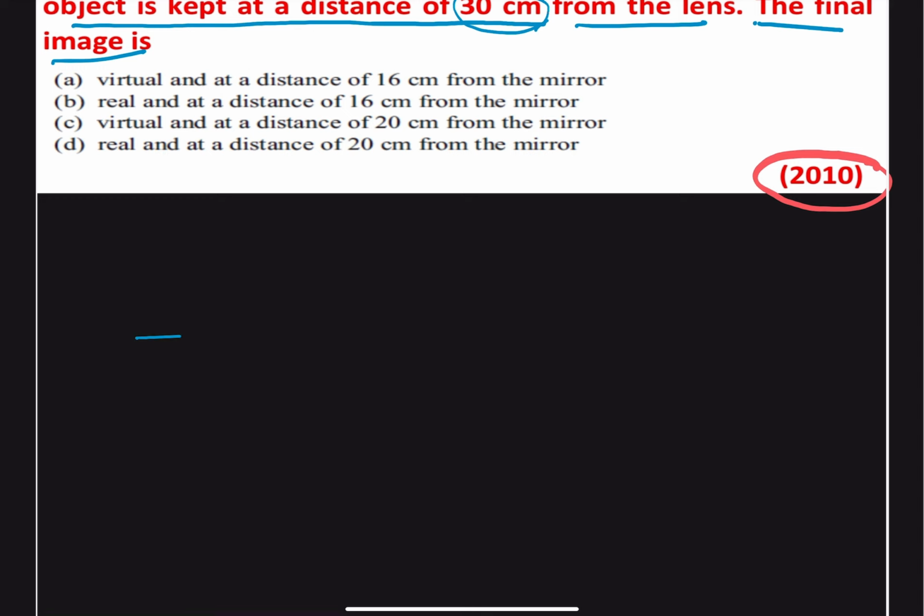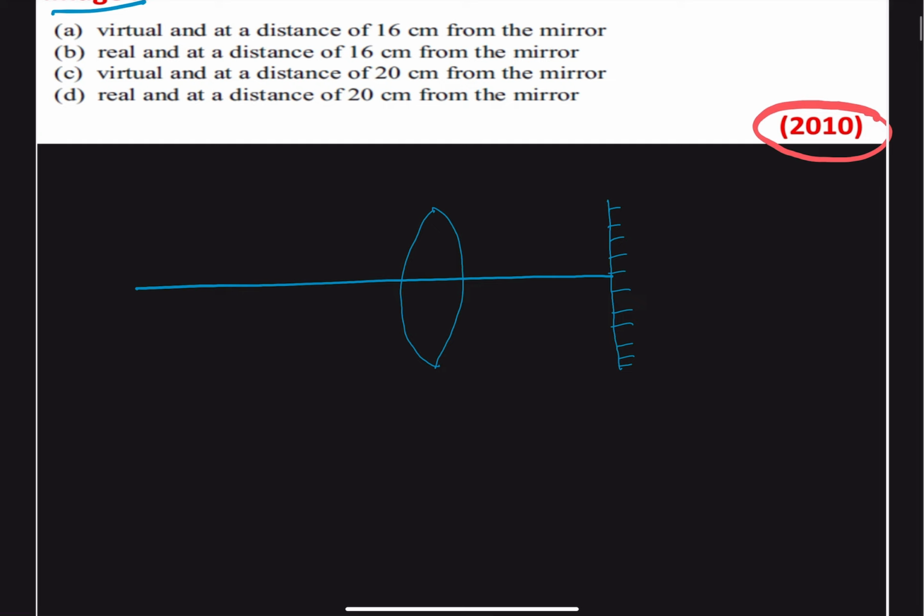Let us suppose this is the principal axis and we have a convex lens and there is a mirror somewhere here, and the distance between the mirror and the lens is given as 10 cm and the object is kept at a distance of 30 cm from the lens.